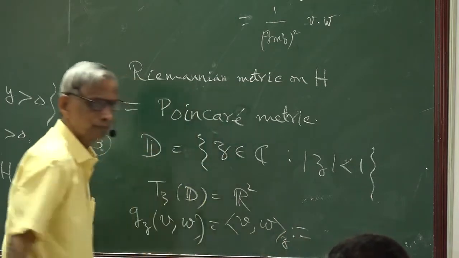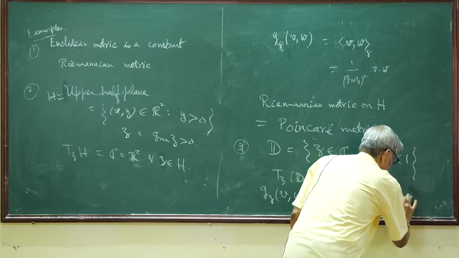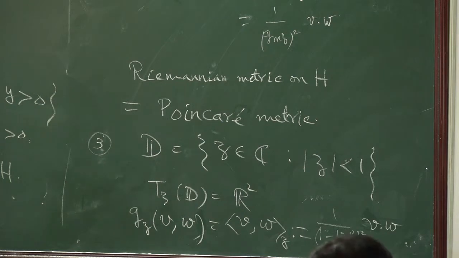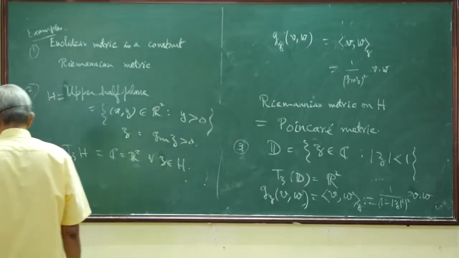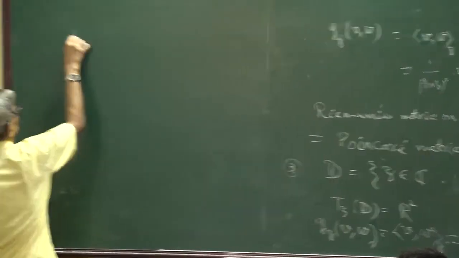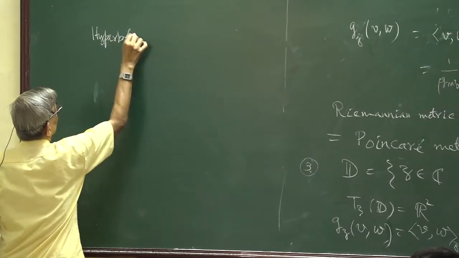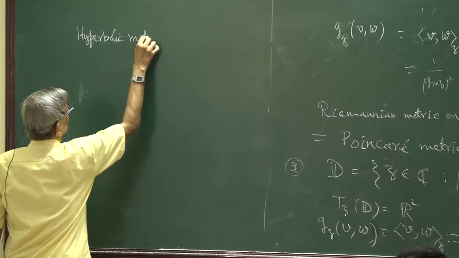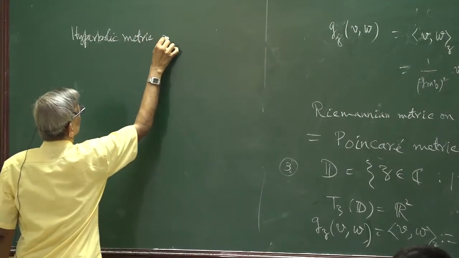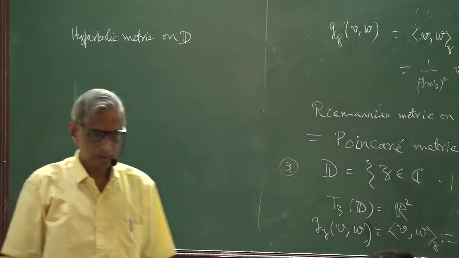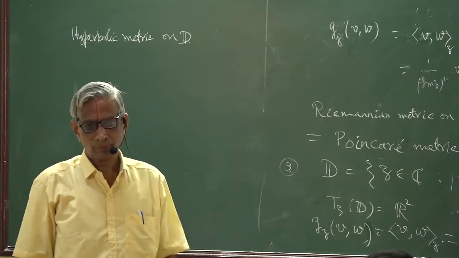Is by definition multiplied by the function 1 over (1 minus mod z square) the whole square. So this gives you what is called the hyperbolic metric on the unit disk. So this is not your Euclidean disk, but a hyperbolic disk.